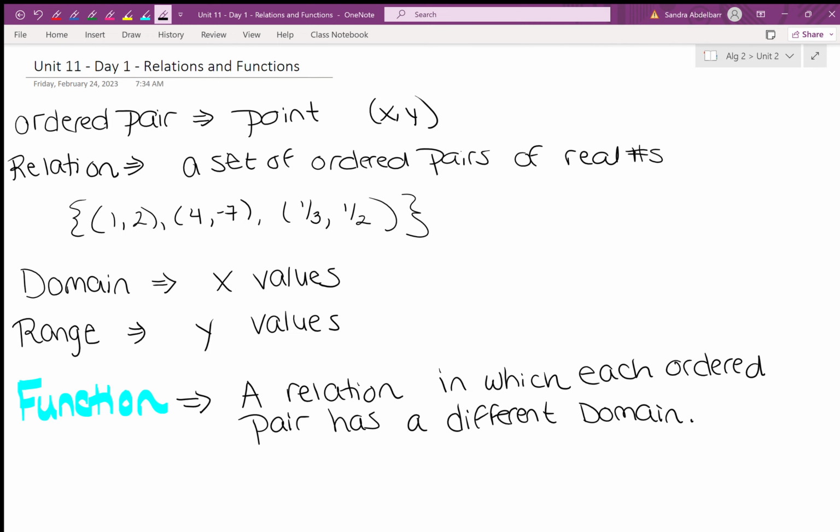What does that mean when I say each ordered pair has a different domain? What is not allowed to be repeated? X values. Good. Do not repeat x values.